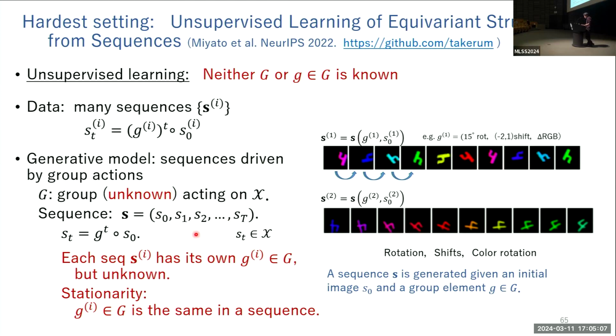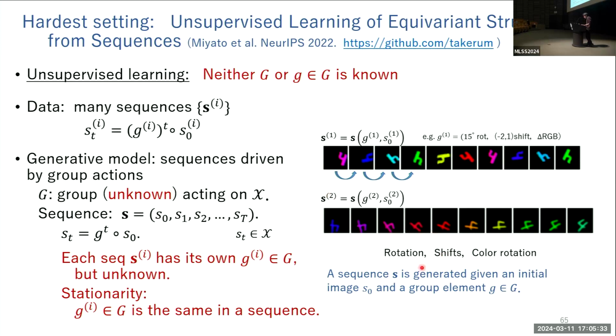However, an important assumption is that for one sequence, the group element small g is fixed. So the same group element is applied successively to some starting image. In this example, this is a rotated, colored image. Sorry, the shift is also involved.